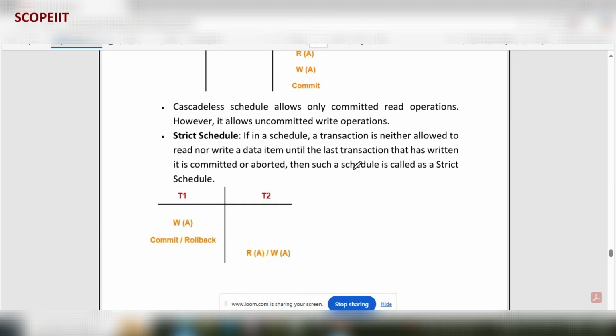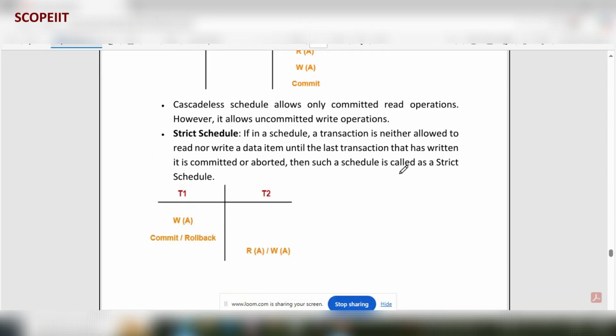Okay. Next is strict schedule. Now what do you mean by strict? Here strict means like we are strict, no? Similar to that only. See, in a strict schedule a transaction is neither allowed to read nor write a data item until the last transaction has committed. So what was there in a cascadeless schedule?